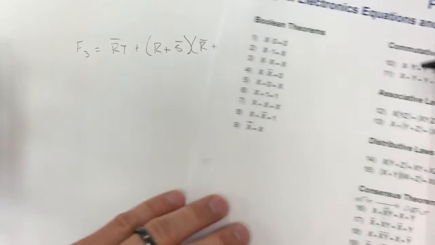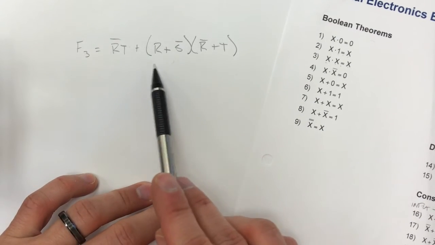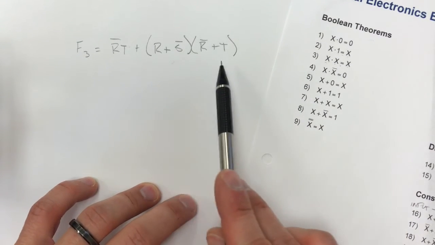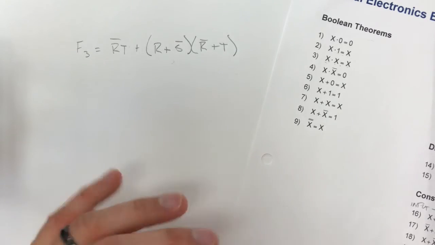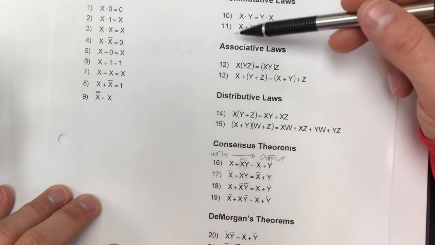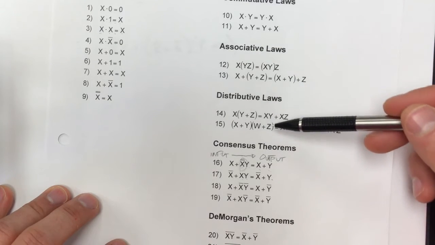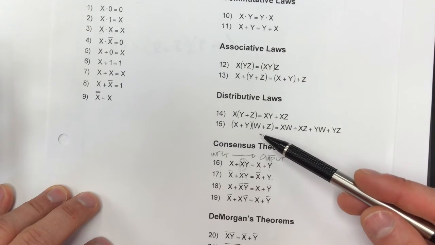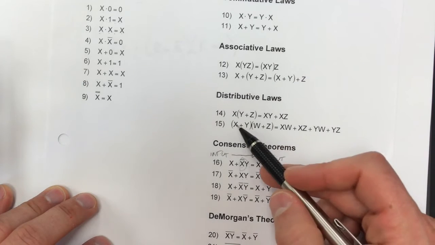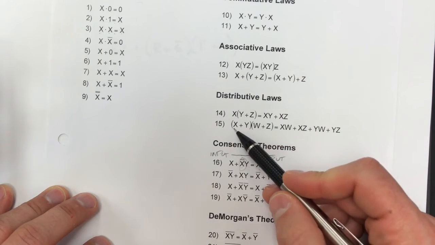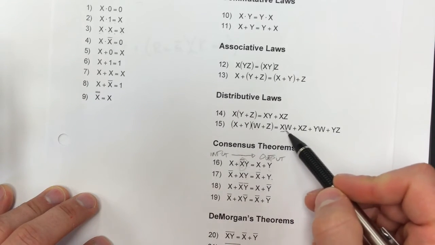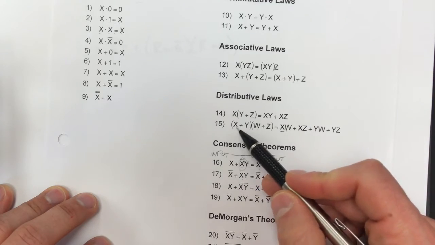We have two quantities that are together that we can reduce or do something to. Let's look for something where two quantities are together, oh, right here, distributive laws. We have the first term of the first quantity with the first term of the second quantity, and the first term of the first quantity with the second term of the second quantity.